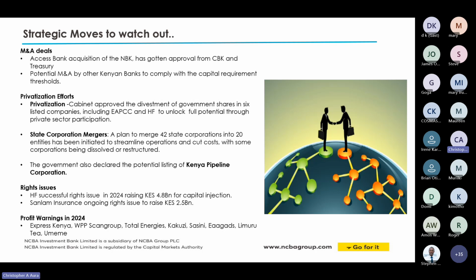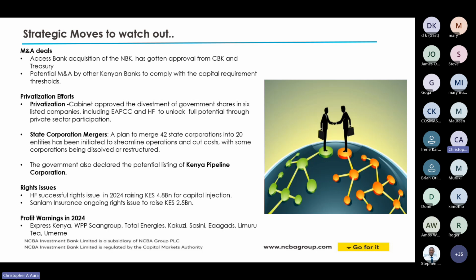The Kenyan side has already approved the sale. So what you're waiting for is for the Central Bank of Nigeria to also approve the sale. The main delay for this was that there was a requirement for Access Bank to divest from DRC markets. So that's what's holding it up.